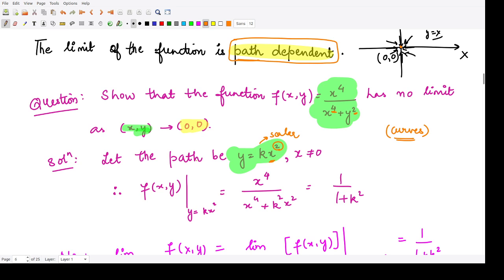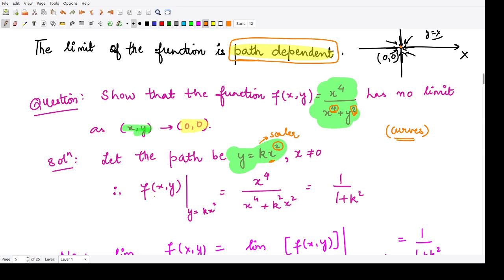So for that we consider this path y is equal to kx square, where x is not equal to 0. Why have I supposed this path? Because in order to make these powers equal, so here x raised to power 4 is there and here we have y square. So if I suppose x square, the powers would be same. So that is why one choice. You could choose others also to prove the limit does not exist.